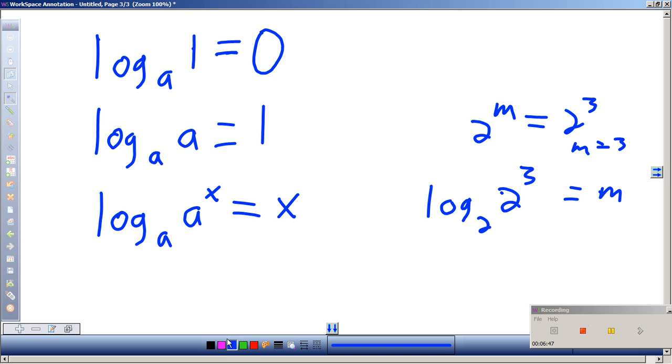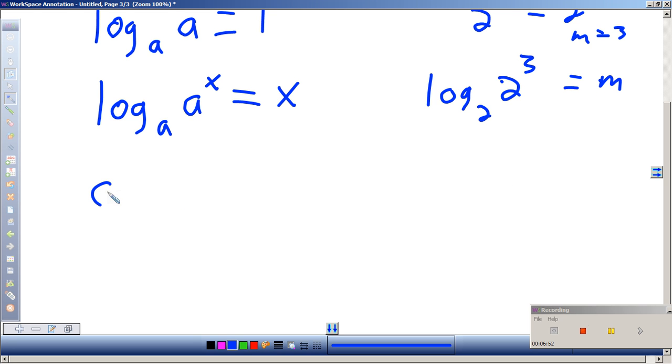And let's see, next one on my list. Even more complicated. a raised to the log base a of x. Have a guess what it's going to be.